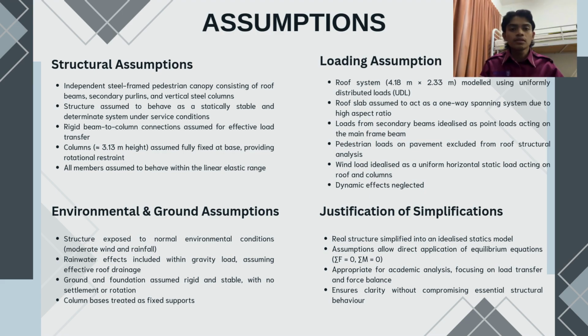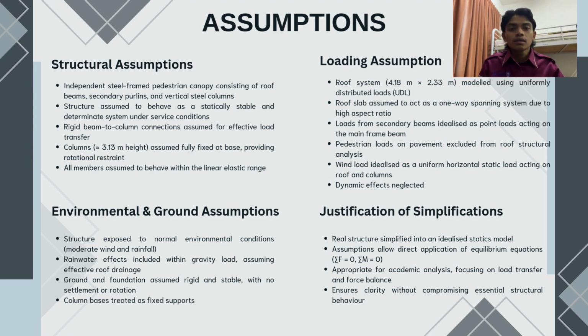Next, for loading assumptions, the roof system with dimensions of approximately 4.18 meters by 2.33 meters is modeled using uniformly distributed loads to represent its self-weight and permanent loads. Due to the roof geometry, it is assumed to act as a one-way spanning system where loads are transferred from the roof sheets to the secondary beams and then to the main beams.